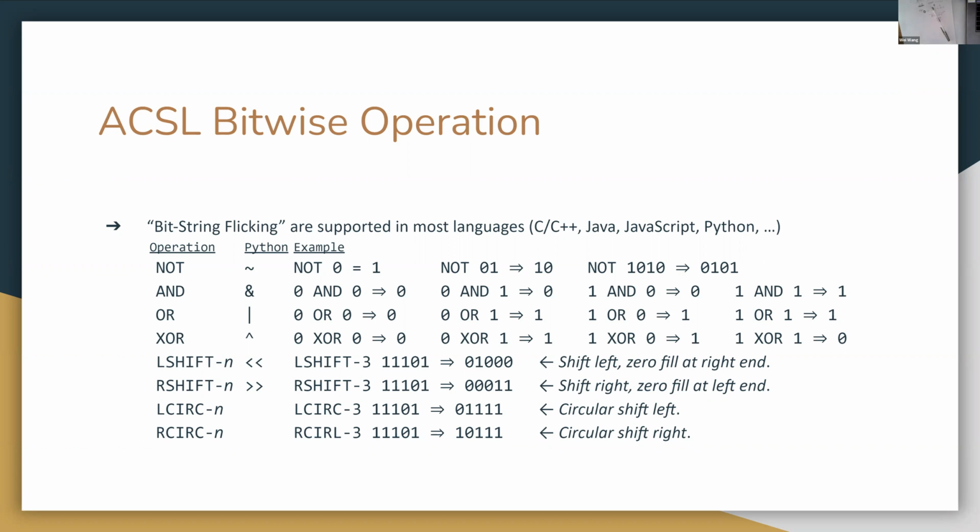However you shift, you always fill the end with 0. That's how ACSL does it. I'm talking about all of this just to tell you that if you are writing code in Python or in other languages, you have to think differently.